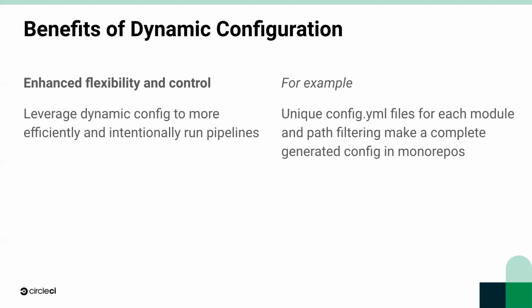This shortens build times and reduces credits burned to make minor changes. That means you save credits, you save money. Even in mono repos, each module can have its own unique config that only runs when necessary and then can combine with other modules' configuration files to make a completely generated configuration file.